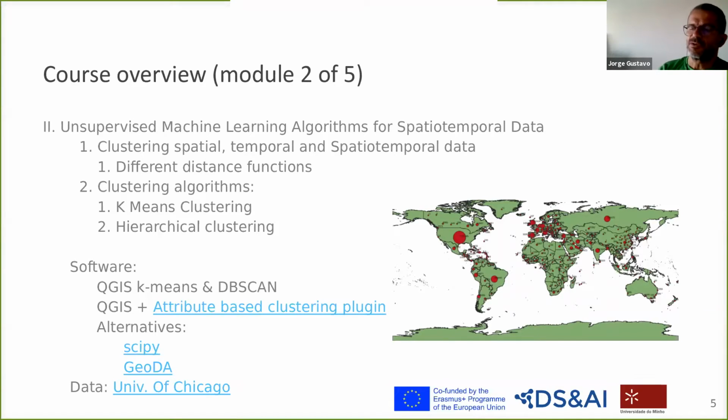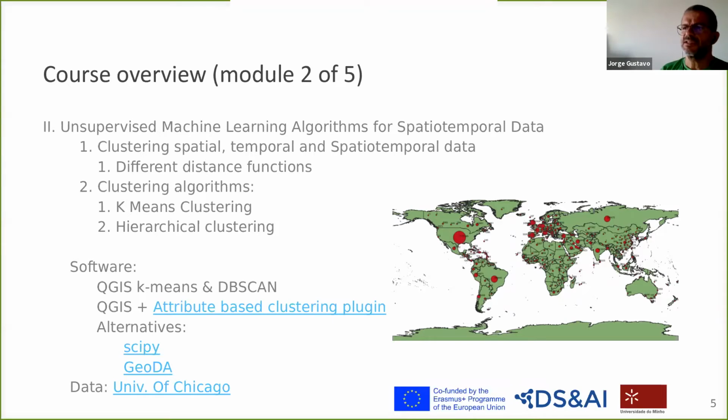I also report here the software that we will use. We'll try to always use very nice interfaces, either QGIS or Jupyter, so the students can have a better interface to interact with these algorithms.